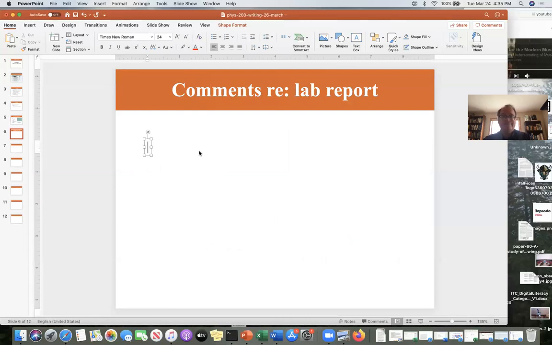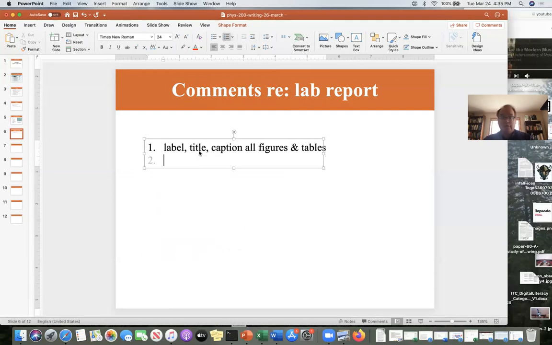Theme one, label, title, and caption all your figures and tables. There are a number of people who didn't do this. Number two, your table should have column headers with units, and the data should have uncertainties.